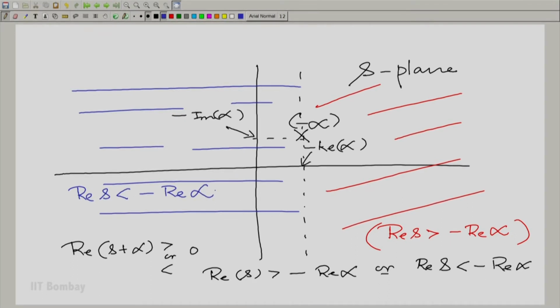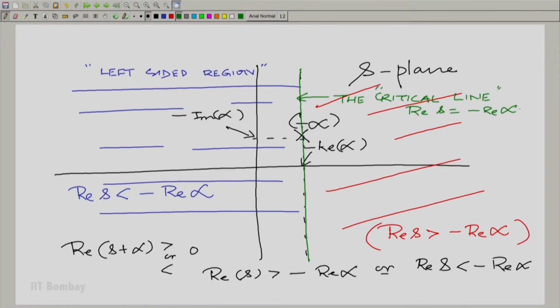Now, you can think of this blue region as the so-called left sided region, because it is to the left of this critical line. So, let me mark the critical line in green. So, the blue region is to the left, so to speak, of this critical line, and the red region is to the right of this critical line.